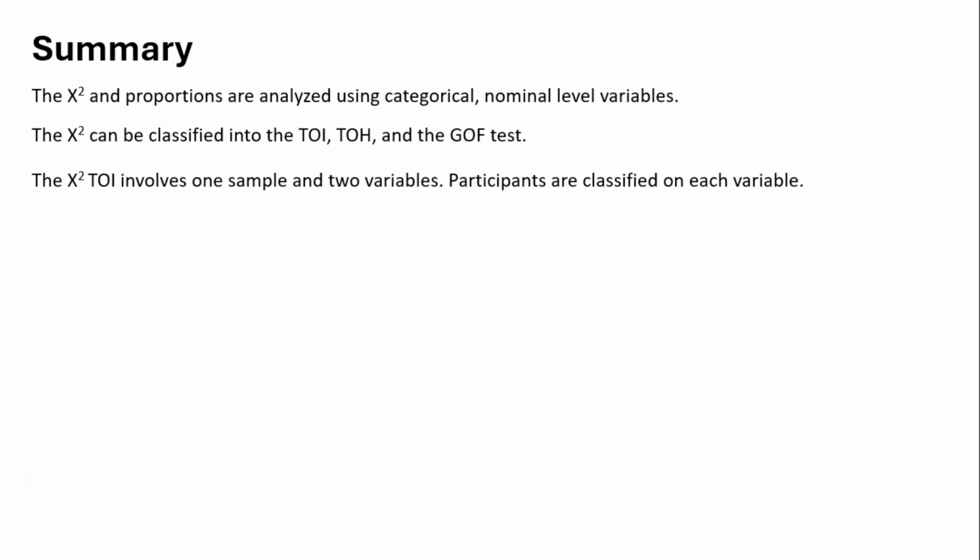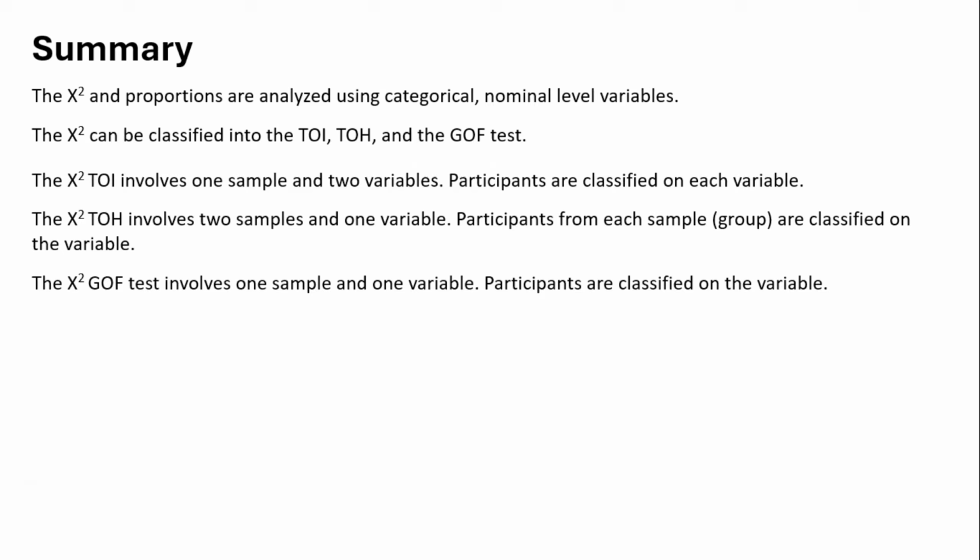Participants are classified on each variable. The chi-square test of homogeneity involves 2 samples and 1 variable. Participants from each sample or group are classified on the variable. The chi-square goodness of fit test involves 1 sample and 1 variable. Participants are classified on the variable.